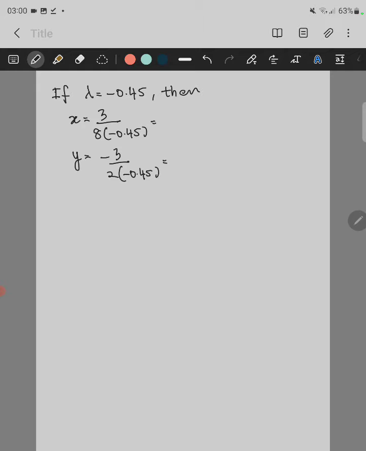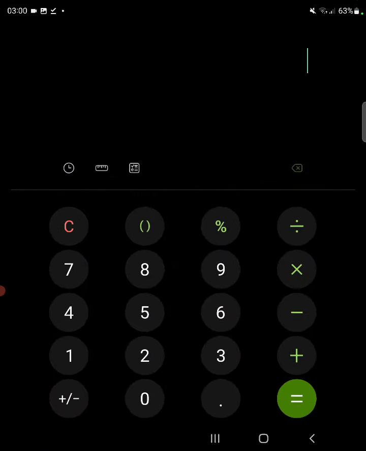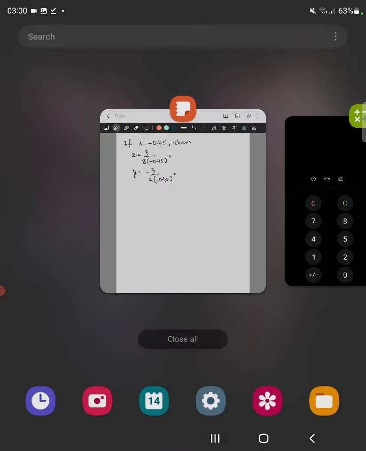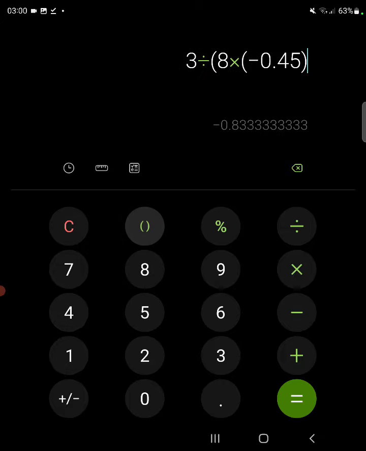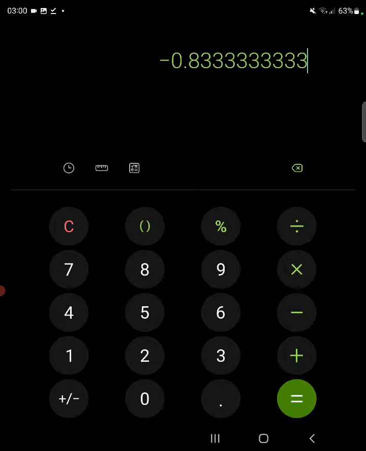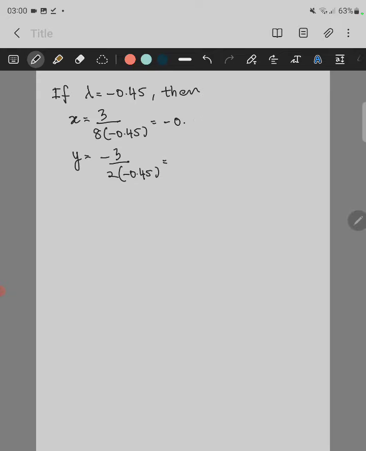So 3 over 8 times minus 0.45, we have this number, negative 0.8333, and so on.